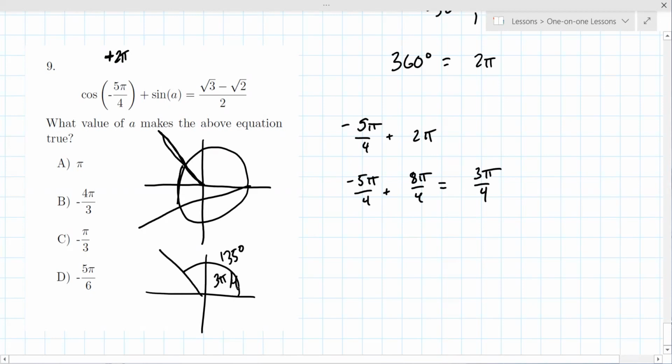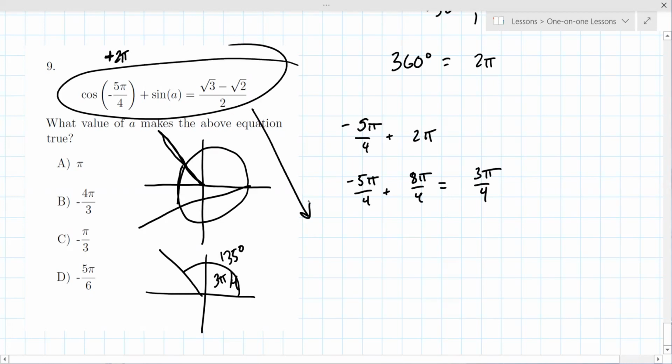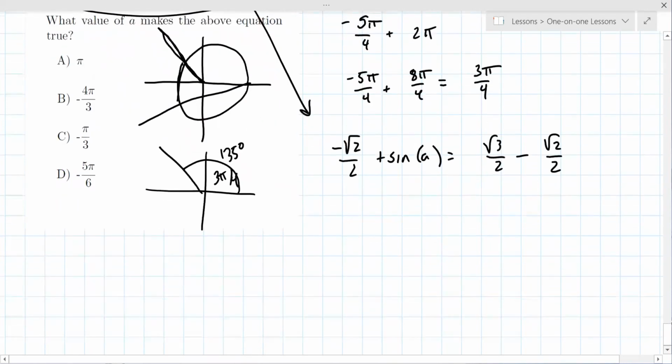I'm using radians. So what is the cosine of that value? What is the x coordinate of that position? It's negative root 2 over 2. Now, why is that the same answer?